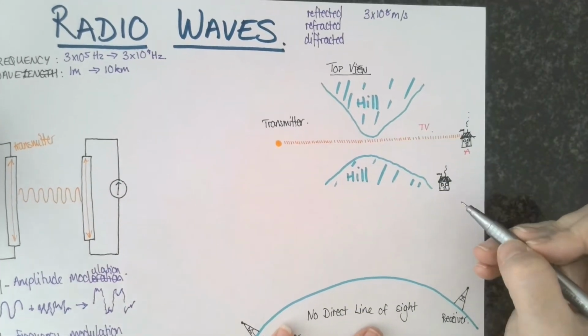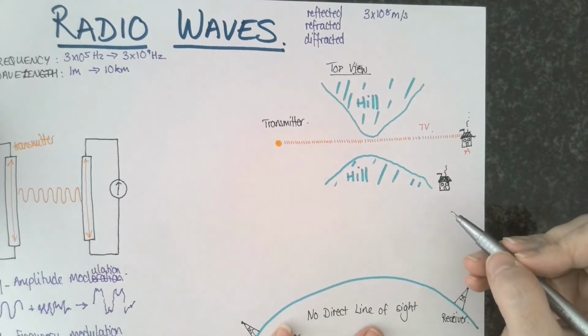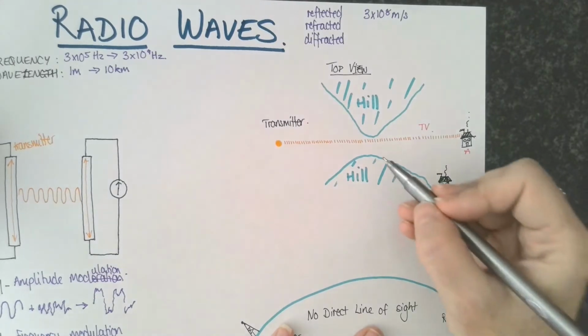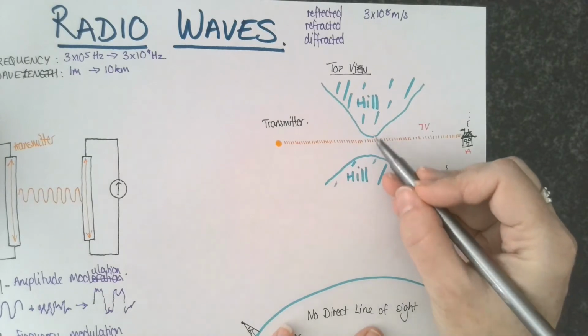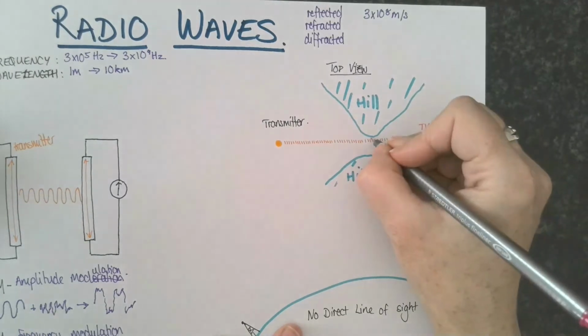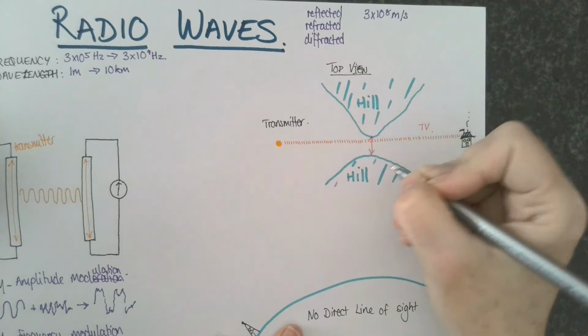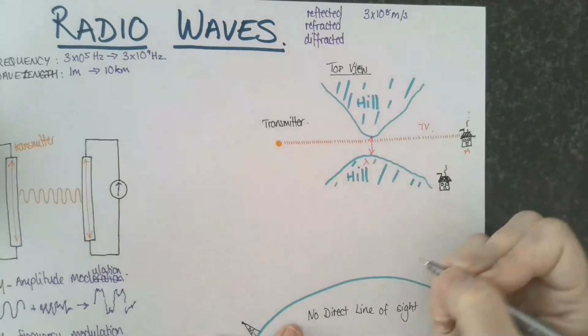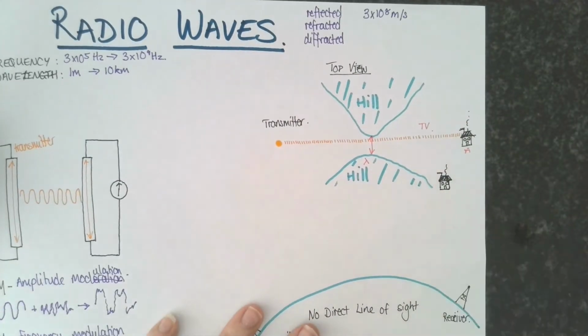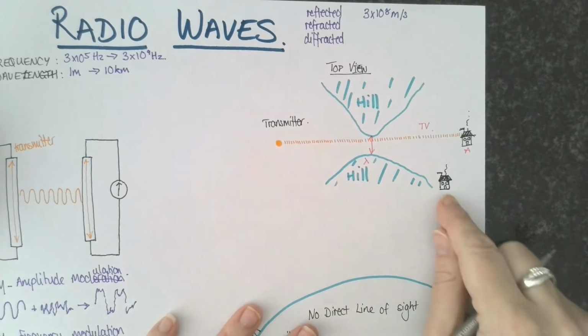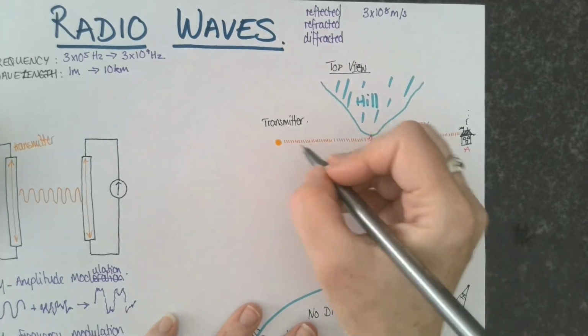But this is where the cool bit comes in, because longer wavelengths will be diffracted through this gap. And if this gap here is the same distance as the wavelength of the longer wave radio waves, then we get maximum diffraction, and we'll see this house will be able to receive it.